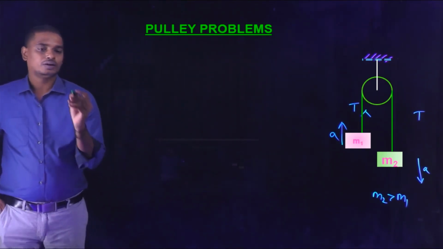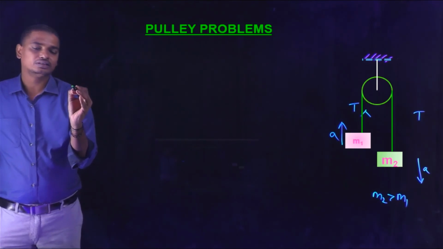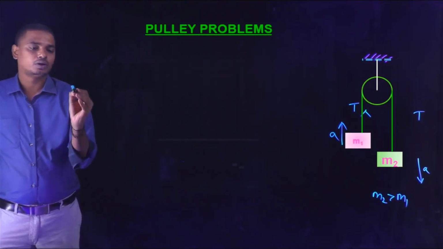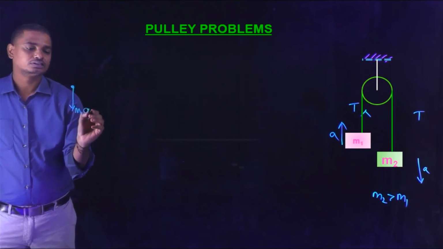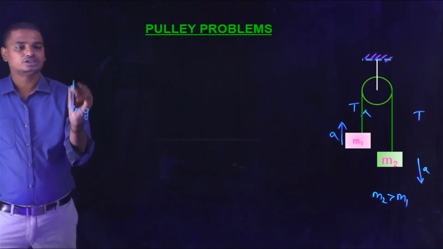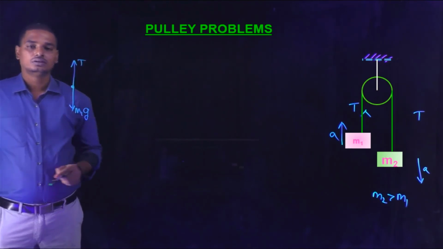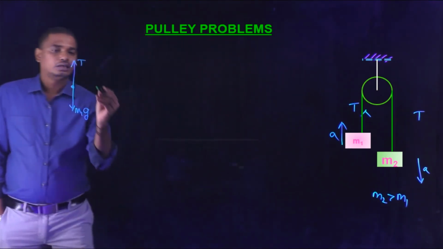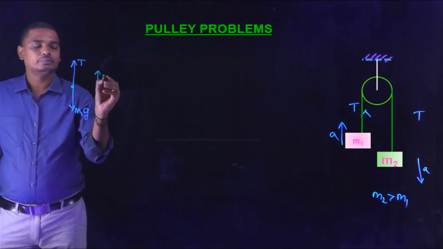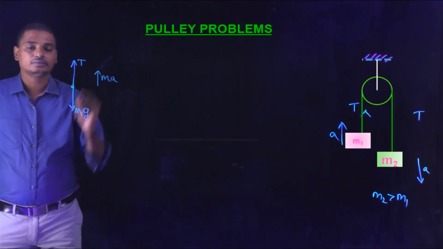So for block 1, the free body diagram will be in this manner. So this is the block. Here the weight of the block acts vertically downwards, that is M1G, and the tension in the string is vertically upwards, which is T. As the block is moving upwards, the net force acting on the block will be in this manner, which is equal to M1A.